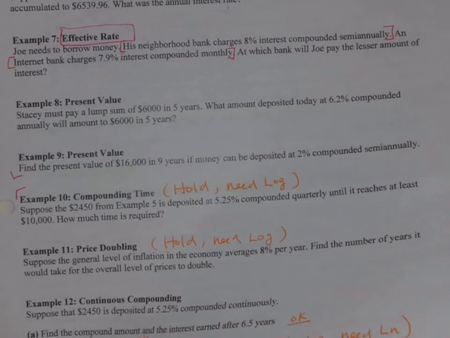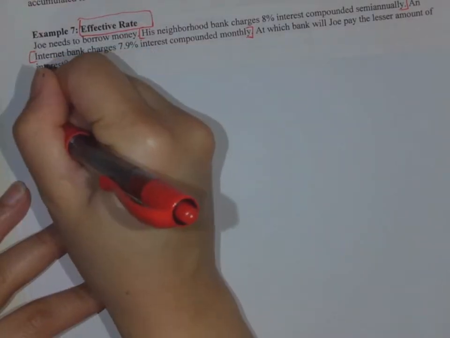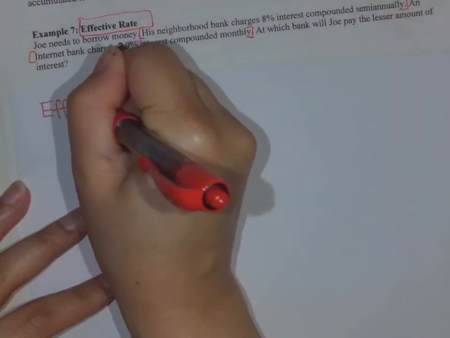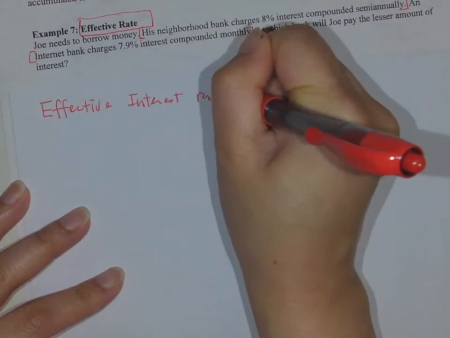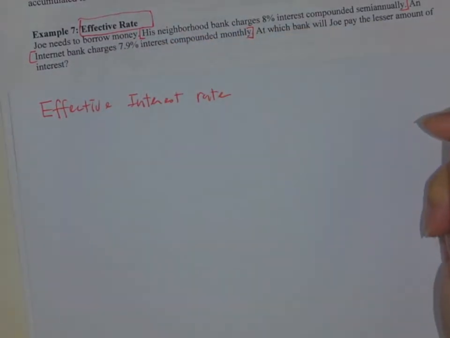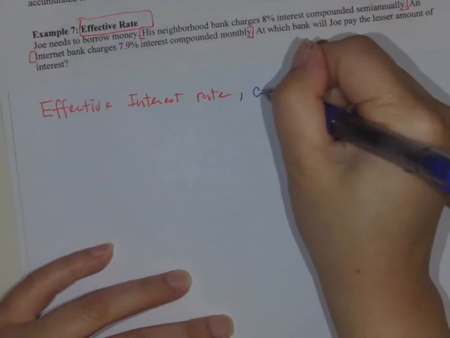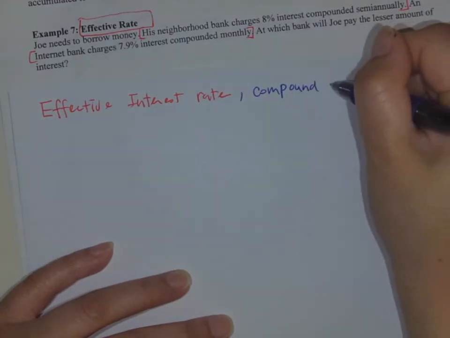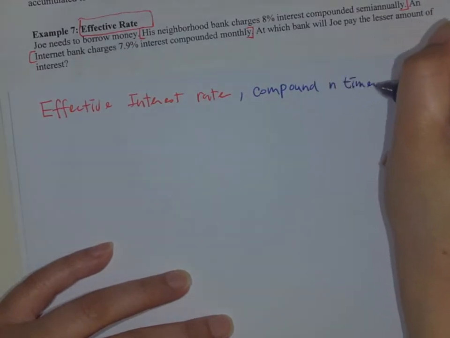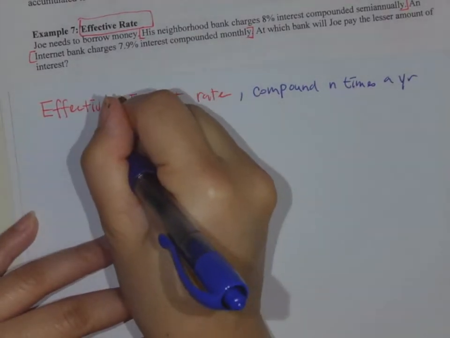And for the effective interest rate, it looks like this one is compounded several times a year. So we will use this formula.